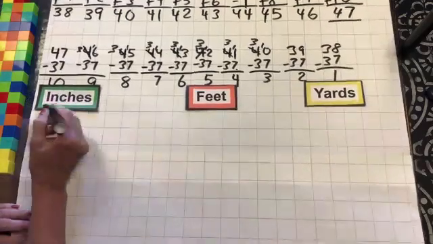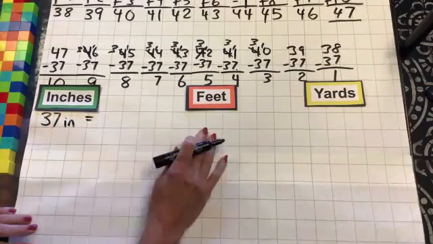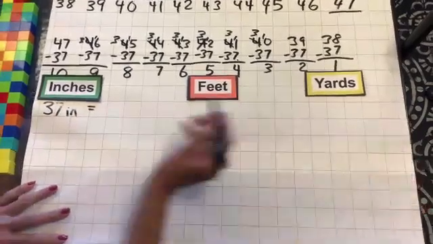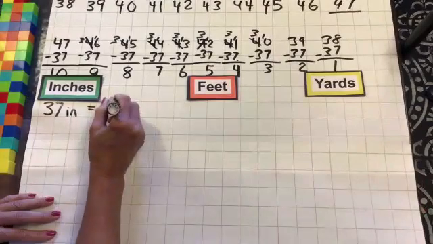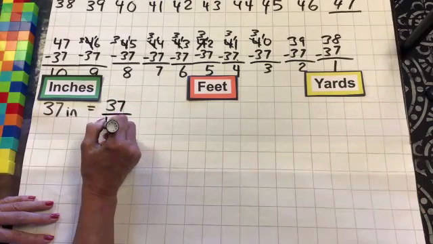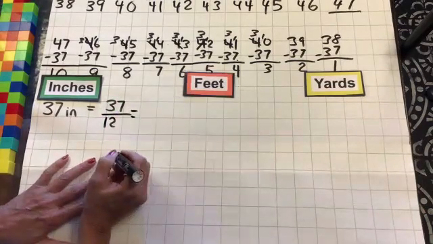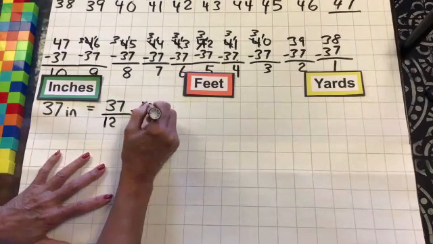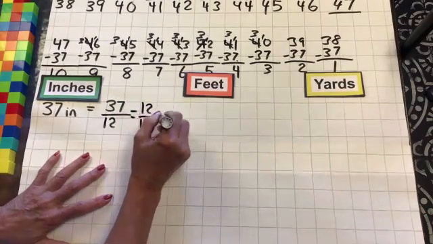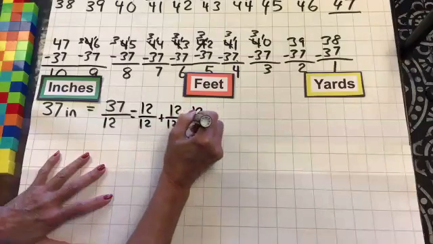So today is 37. We got 37 inches. And we know it takes 12 to make a foot. So we're going to put that into an improper fraction of 37 over 12. And then we're going to break that apart into 12s. So 12 12ths plus 12 12ths plus 12 12ths.